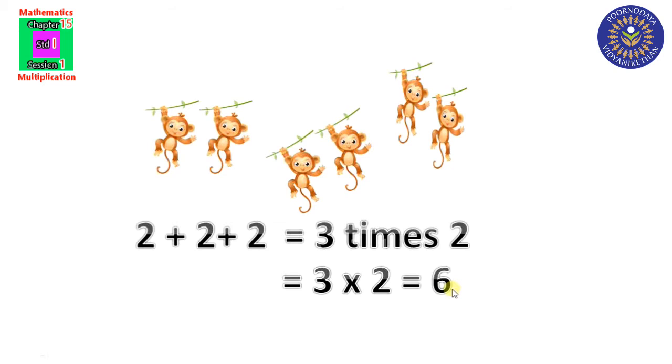Yes. Children, listen here. How many ducks are there? 1, 2, 3, 4, 5. There are 5 ducks. 5 more ducks joined with them. See here, 1, 2, 3, 4, 5.